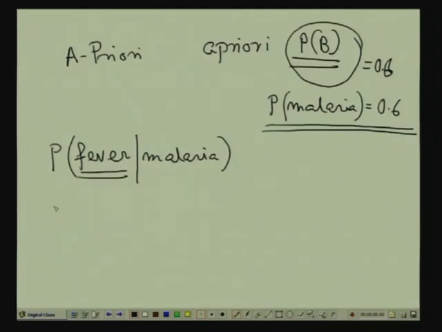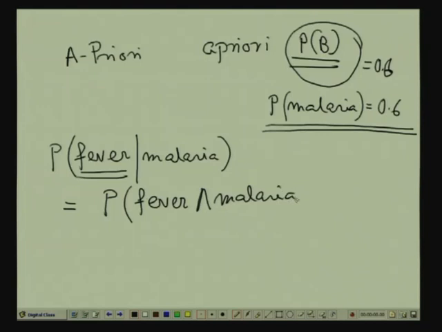Assume that all malaria cases do not give rise to fever. In that case, what we are trying to say is the probability that somebody will have fever and malaria, and on those cases I find it is 0.9, say.